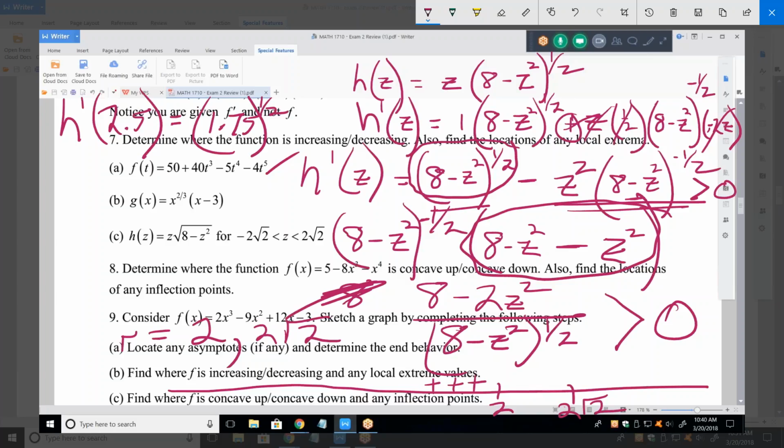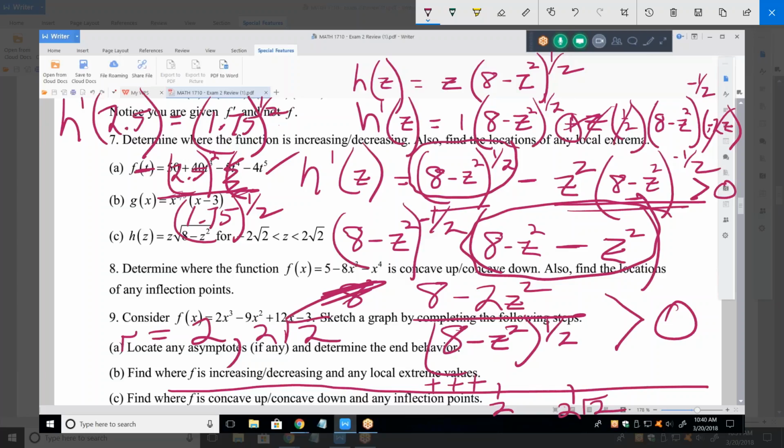And then we're going to subtract 2.5 squared times that same thing divided by 1.75 to the 1/2.